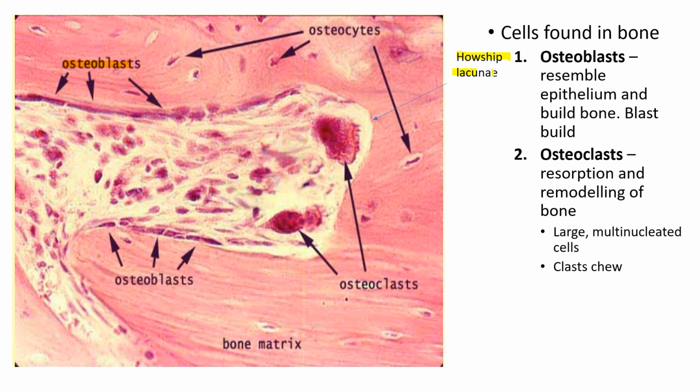And we have this area called Howship lacunae. So this is actually the area of bone which was sort of resorbed by these osteoclasts. And we also have these osteocytes, and these are osteoblasts, which are trapped in the bony matrix that they created.